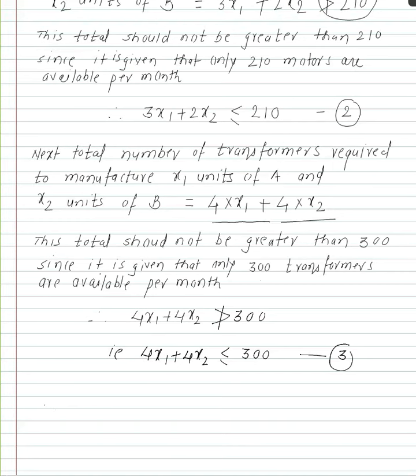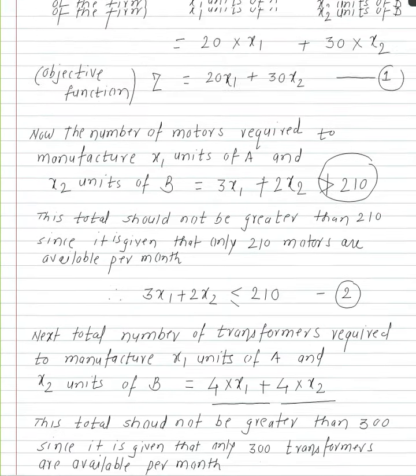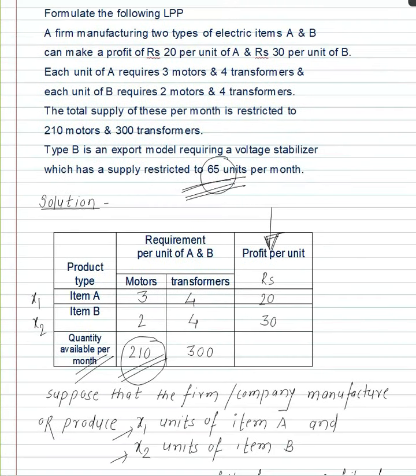One more number is given in the LPP. The number is 65. Supply of item B is restricted to this number. Type B is an export model.